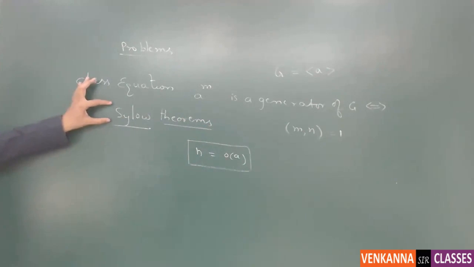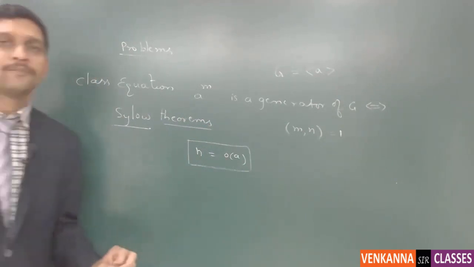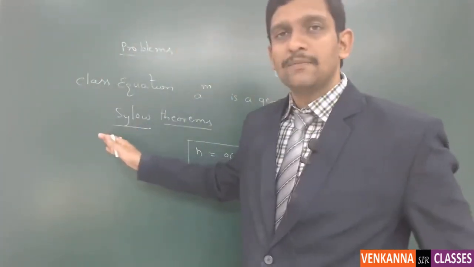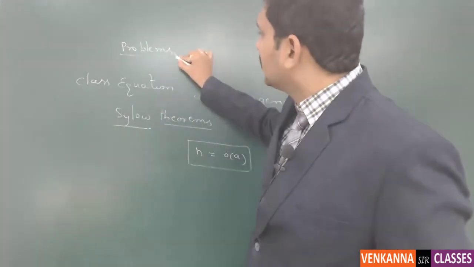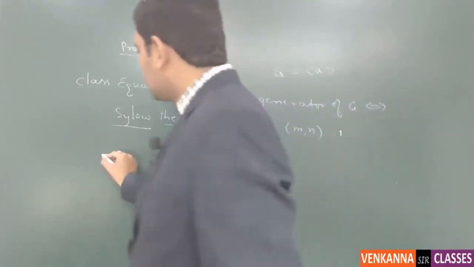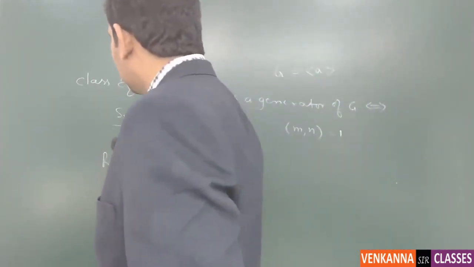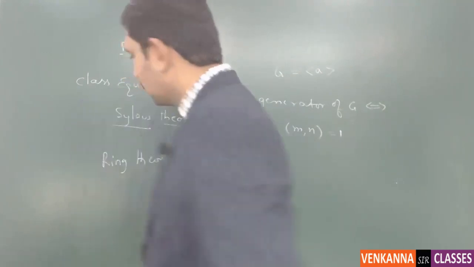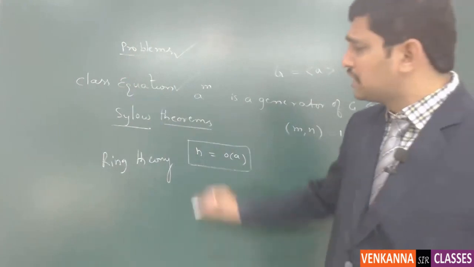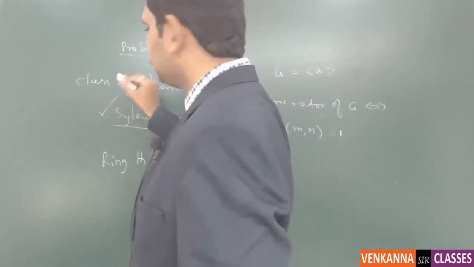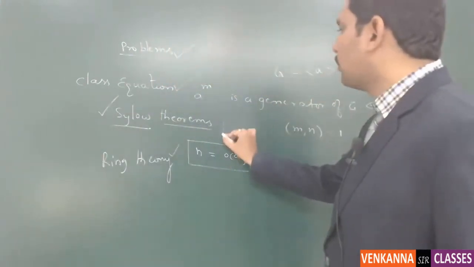Earlier it seemed to be somewhat difficult following Sylow theorems, so I want to postpone this topic for some days. After discussing the problems and class equation, I want to start the second module, that is ring theory. Once we finish ring theory, then we come back for Sylow theorems and do some problems based on this.